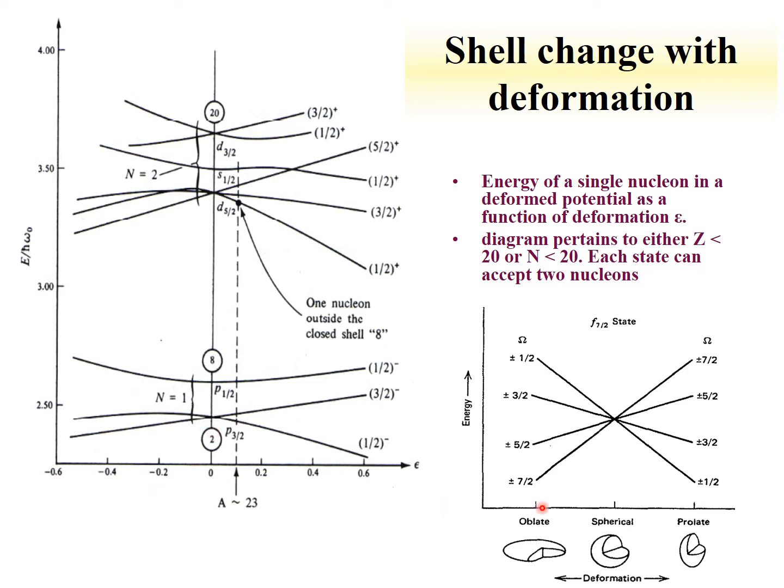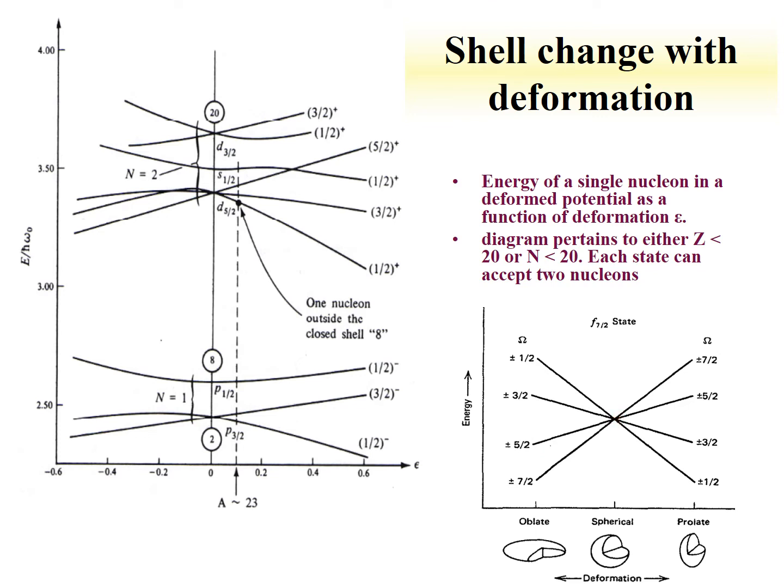If we start to go oblate, we get splitting occurring, so the levels change. We can basically now only put 2 nucleons into each of these levels. Or if we go prolate, as shown here, the splitting goes in the opposite direction. The key to this is that I can take a spherical model, and then by having the nuclear shape change from prolate to oblate, I can have a different spin and parity.